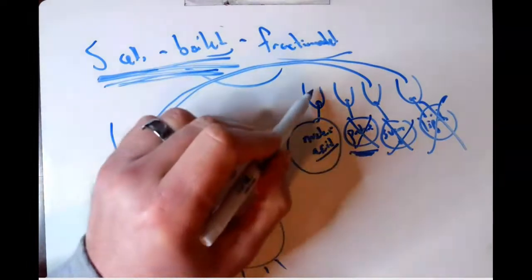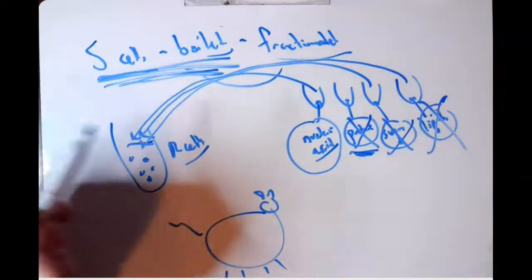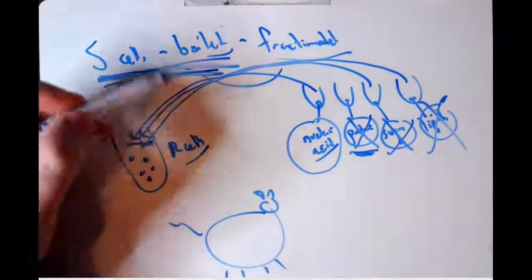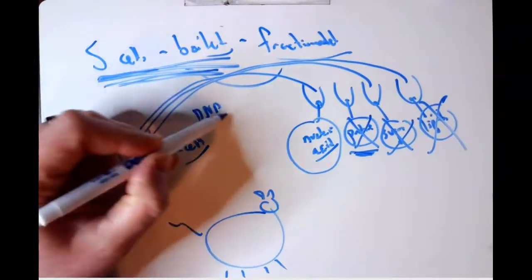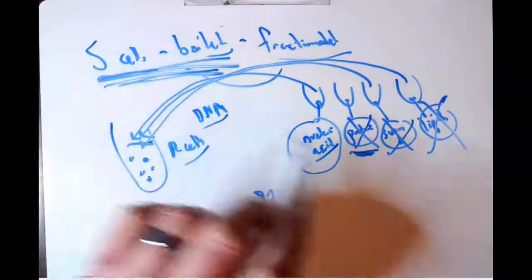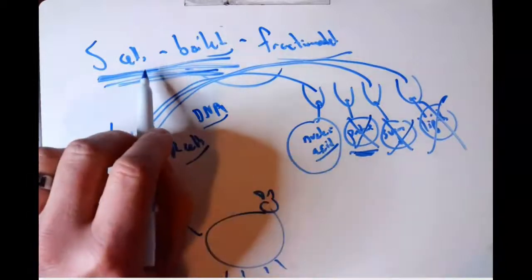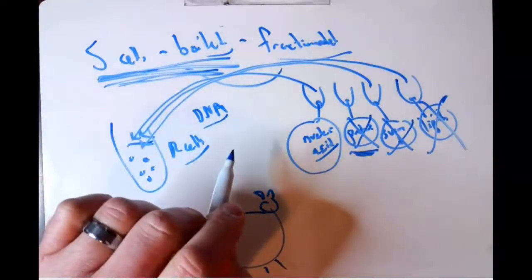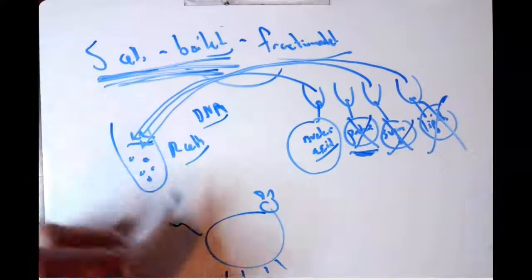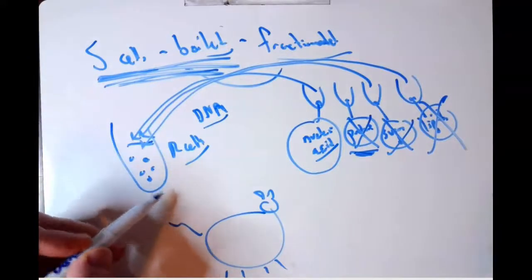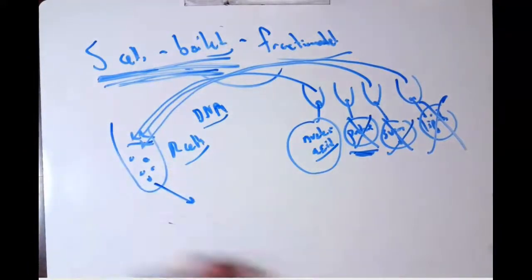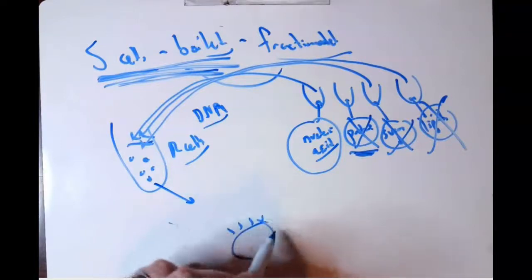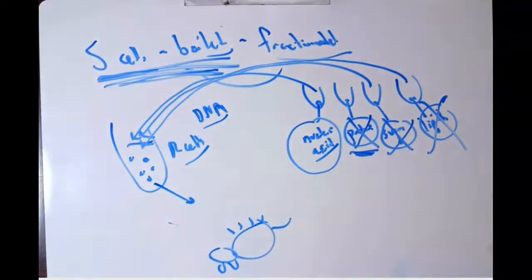But when he took the RNA and the DNA, and specifically the DNA, from those boiled S cells, when he took the DNA from the boiled S cells, and only the DNA, and he mixed that DNA with R cells, and then he took that and injected it into mice, then and only then did the mice die.